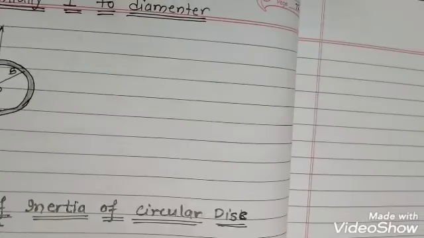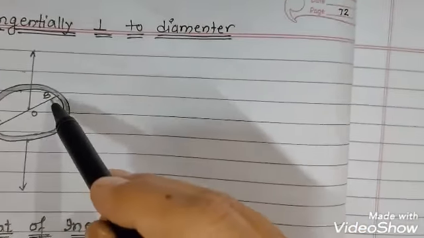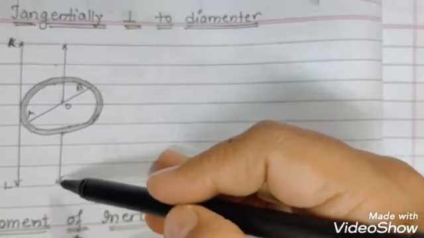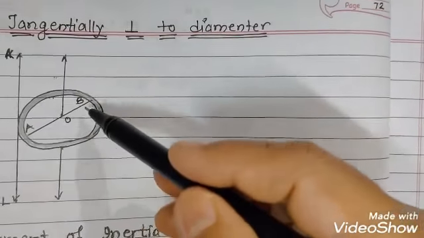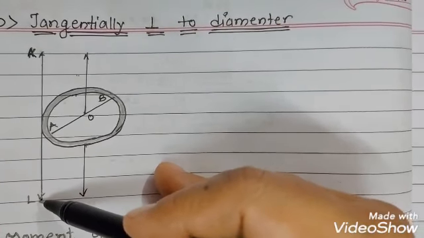Here you will see the circular ring and this is the diameter, and another axis is there which is passing through the center and which is perpendicular to the diameter, and this is the axis about which we have to take out the moment of inertia.